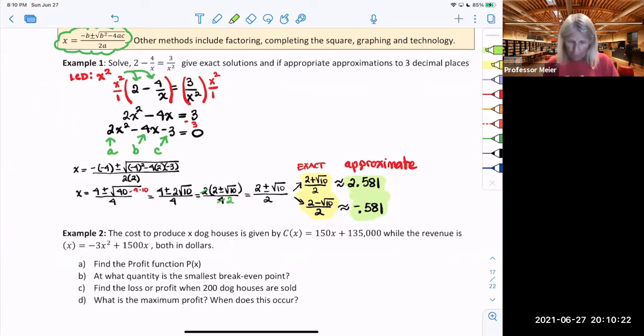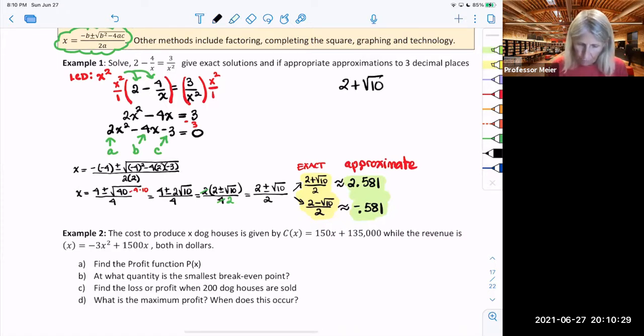Okay. Now you may be wondering, let's take a quick look at the answer. If you have 2 plus radical 10 over 2, some students are tempted to cross cancel those 2's out, and that you cannot do. What you can do, if you like, is you can take the 2 on the bottom and divide it into both terms that are on the top.